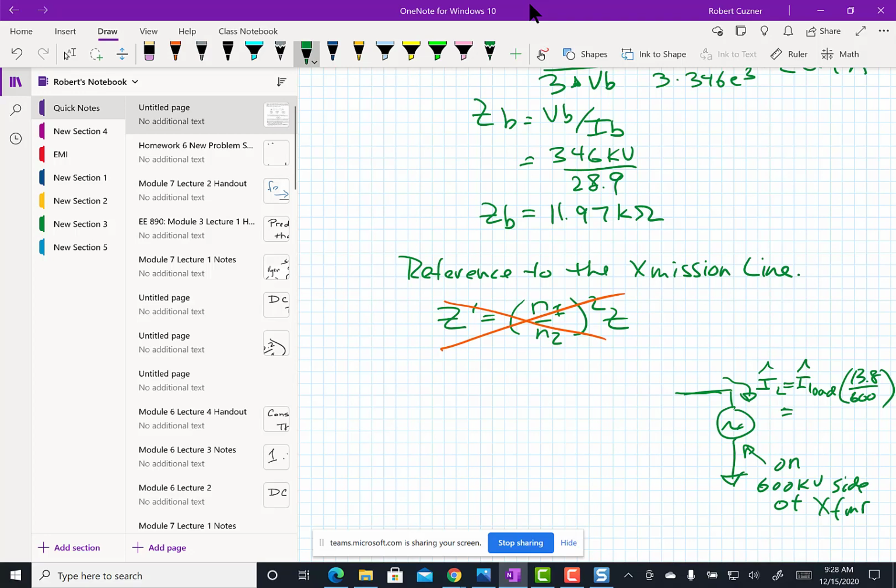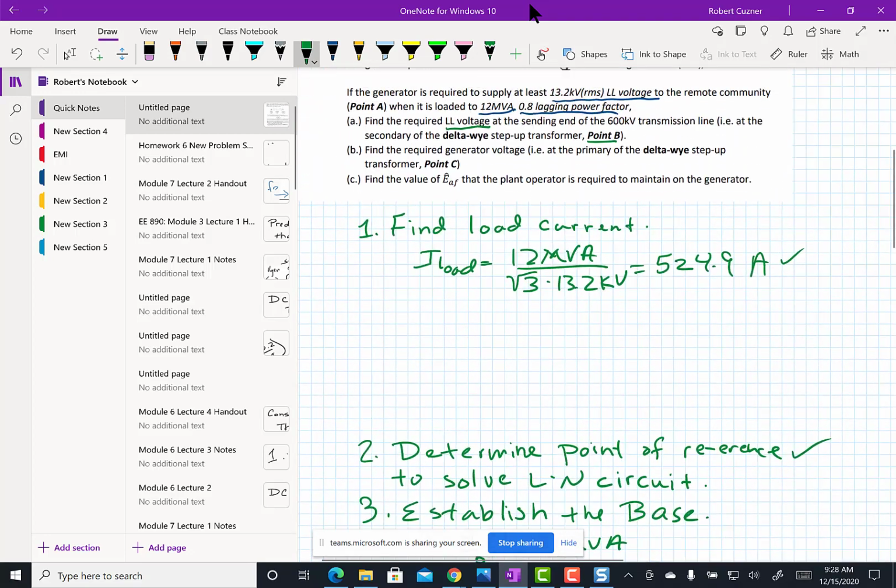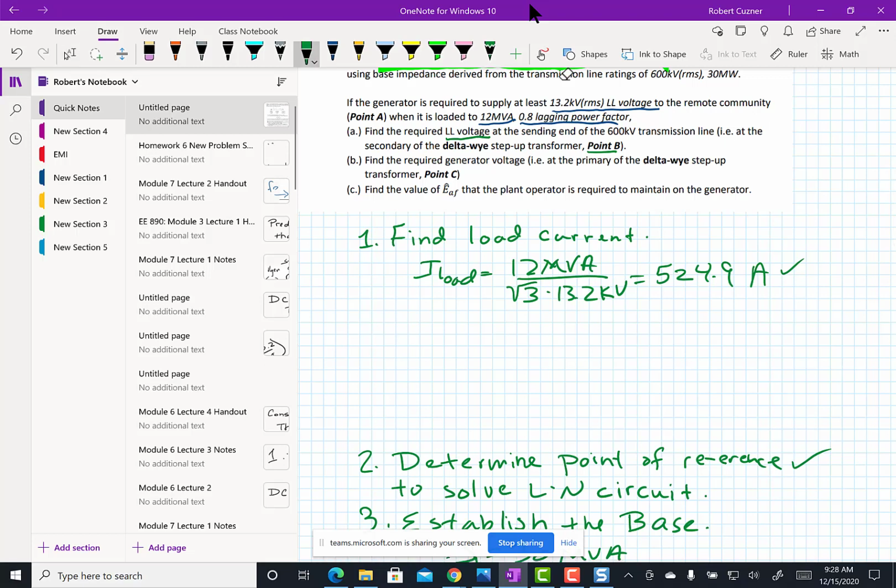There's not any shift. So essentially, we can find the angle of the I load. So this was the magnitude here. The angle of the I load is going to be, it's negative because it's lagging, inverse cosine of 0.8, which is 36.9 degrees.